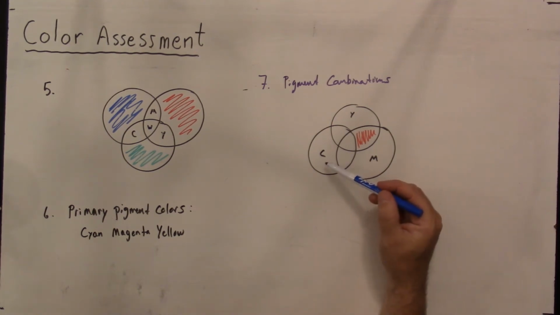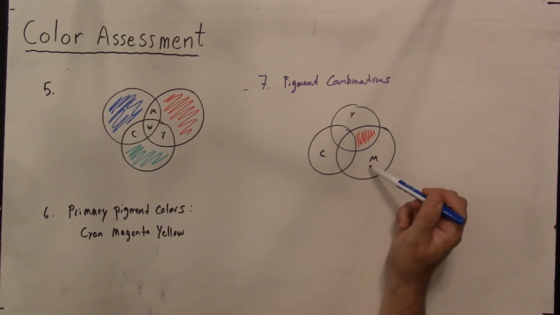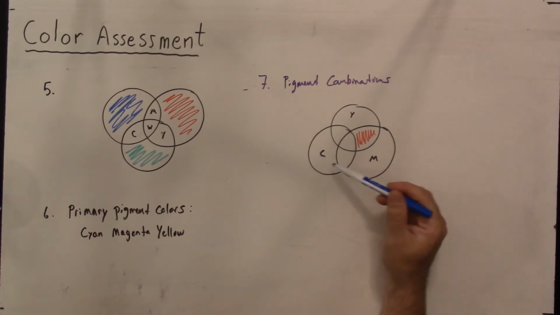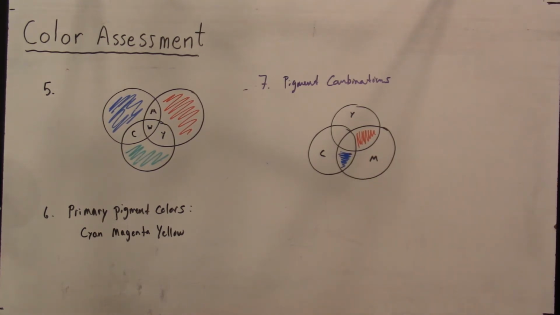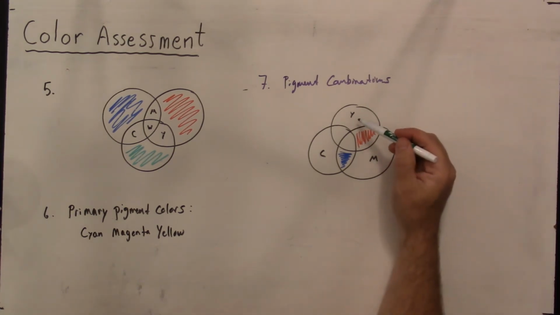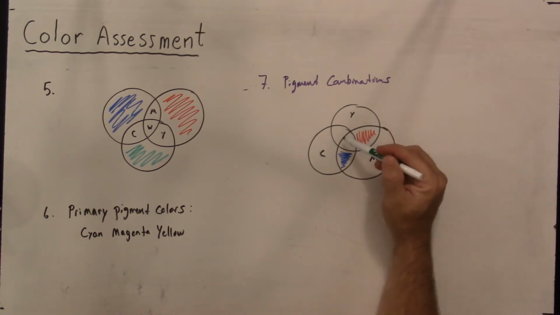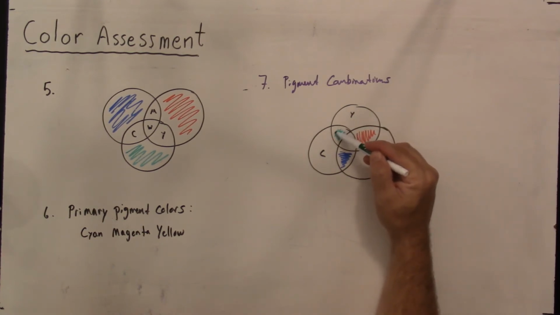Over here, magenta is subtracting out the green, cyan is subtracting out the red, so you'd be left with blue down here. And then, of course, by process of elimination, you know this one has to be green, but cyan is subtracting out the red, yellow is subtracting out the blue, and you're left with green.